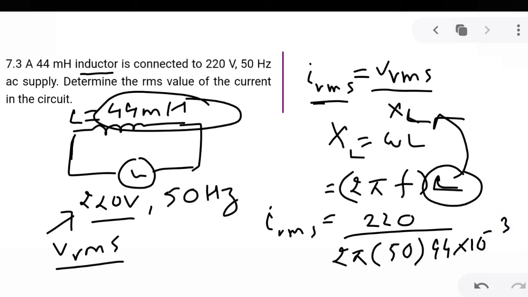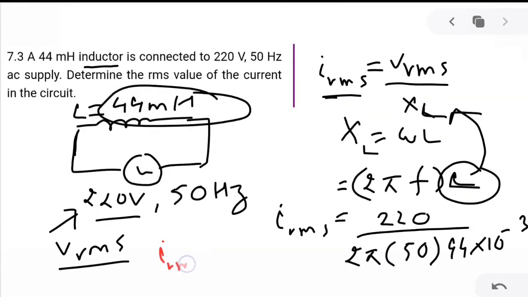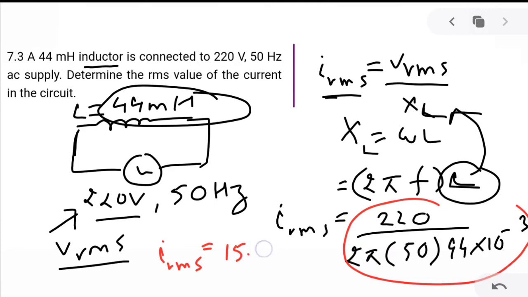You have to convert this into henry. If you simplify this, on simplification you get 15.92 ampere. So this is the required answer.